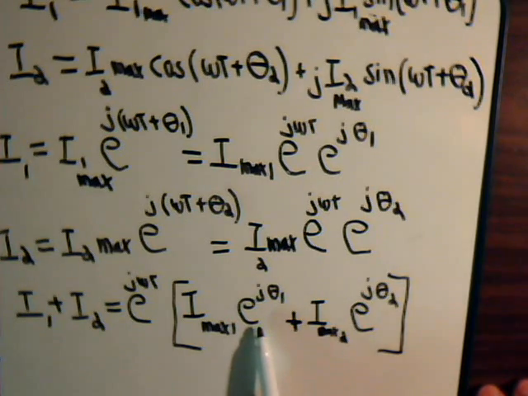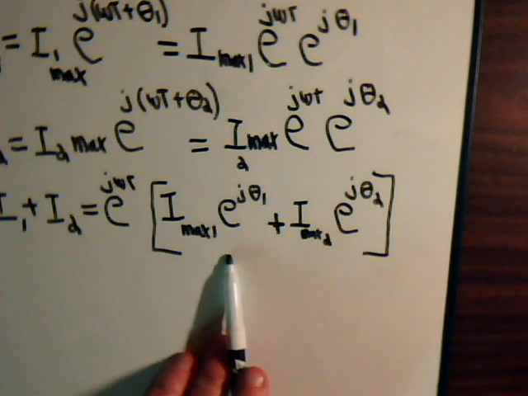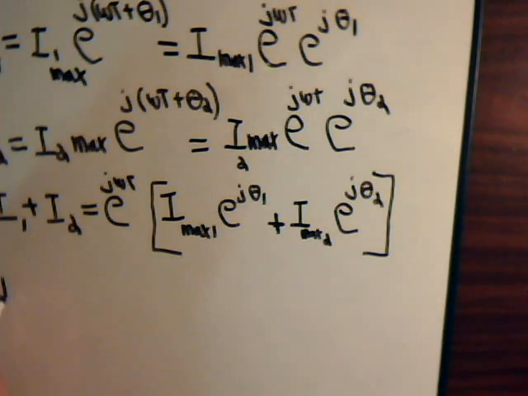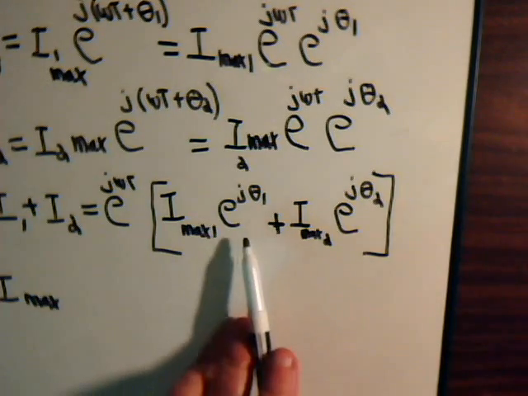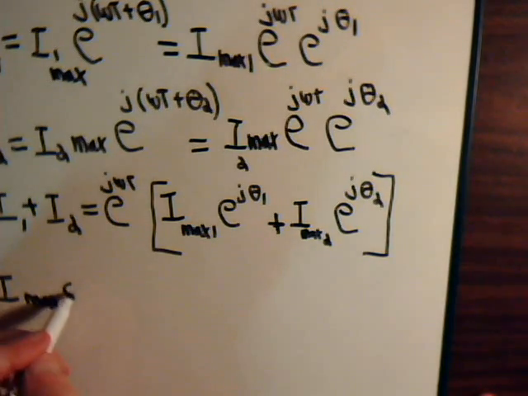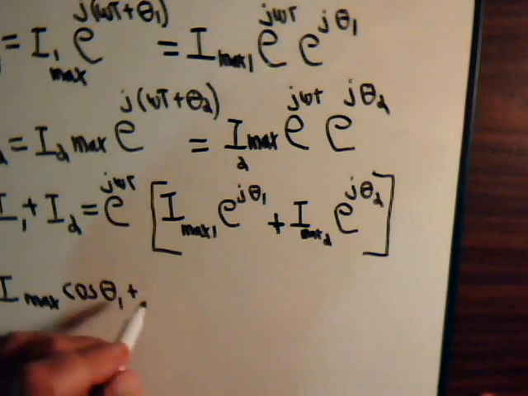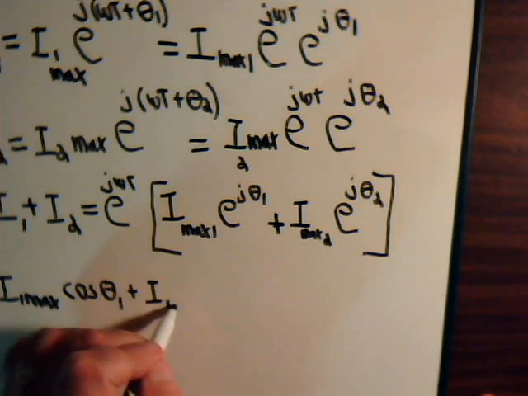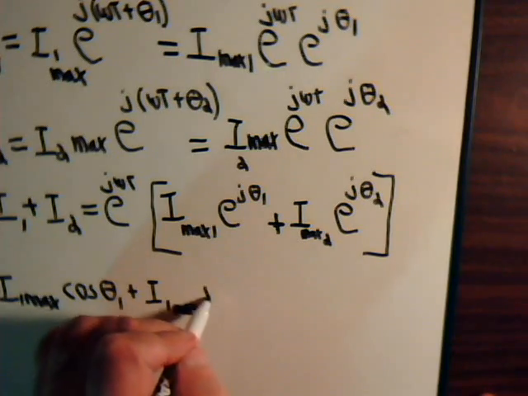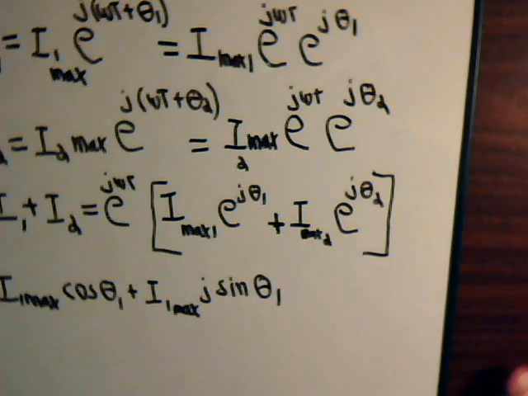This, we know how we can express this. This is the same. This right here would be the same as I max 1. For the moment we'll ignore this, but we'll come back to it. This would be I max 1 times the cosine of theta 1 plus I1 maximum j times the sine of theta 1.